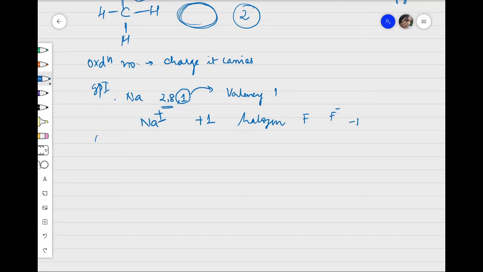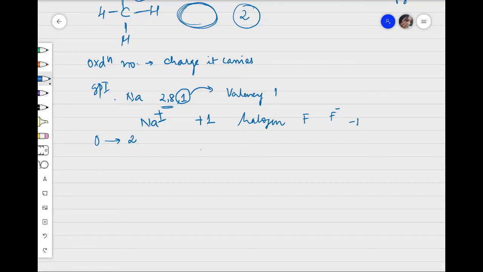Okay, oxygen. Now for oxygen, the valency is 2. So it has to gain 2 electrons to form the noble gas stable configuration.